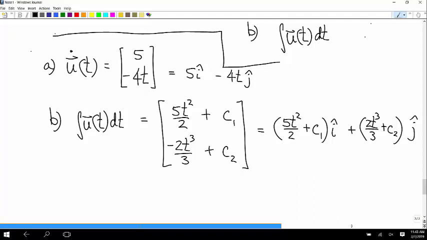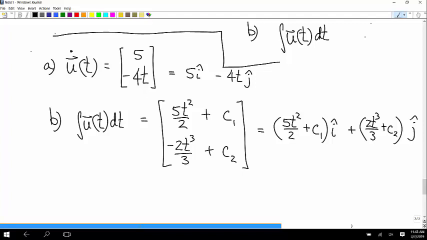Those are just different ways of writing the same thing. And so I gave this final answer with those two constants built in there.